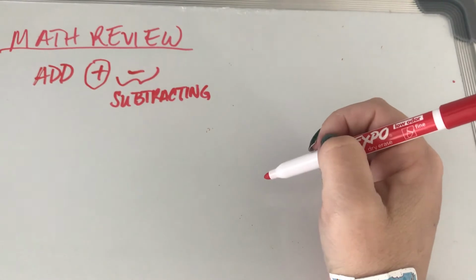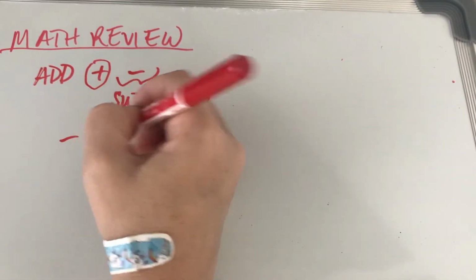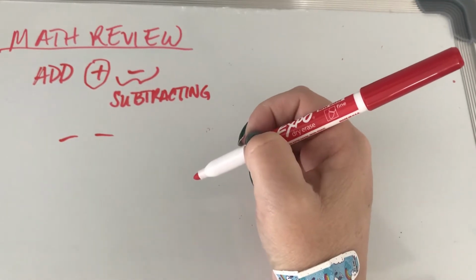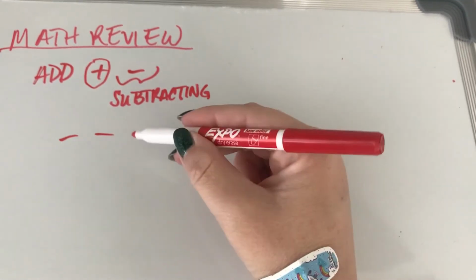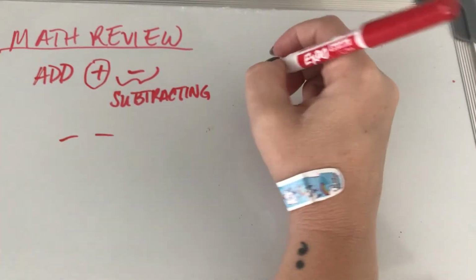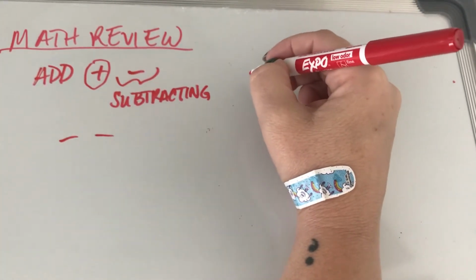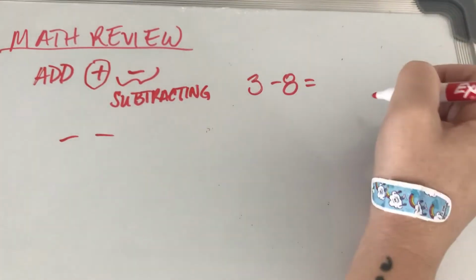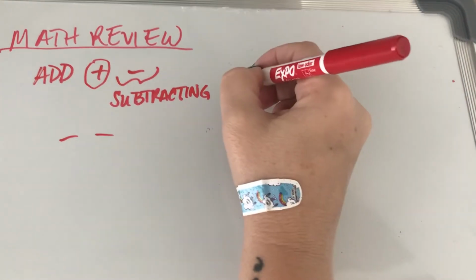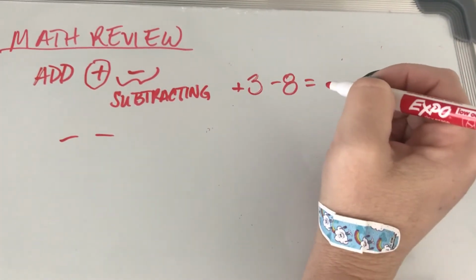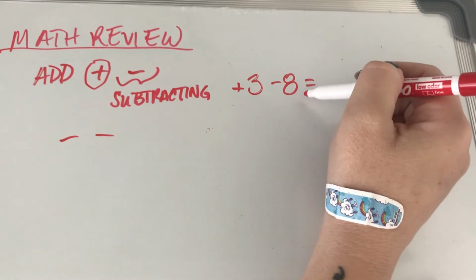If you have two negative numbers that you're adding together, then you're adding the negatives, so you'll end up with a negative value. Let's just look at some examples because I think that makes it easier to think about. So let's say I have 3 minus 8. We don't usually write the plus there, but it's implied. So what would that give me, guys?